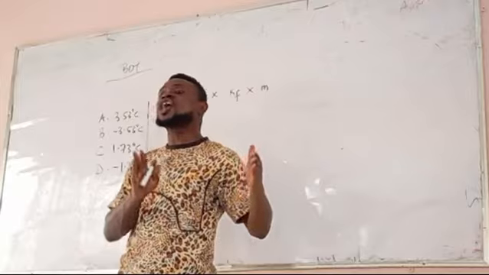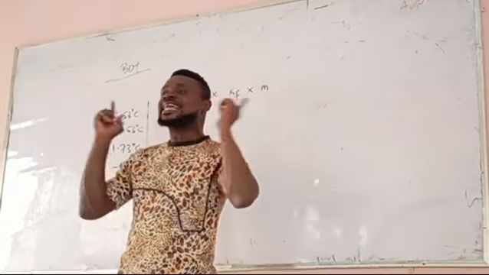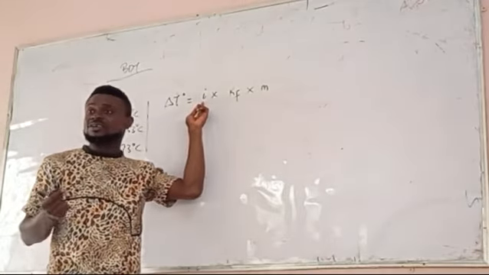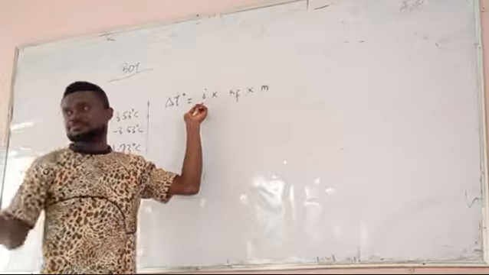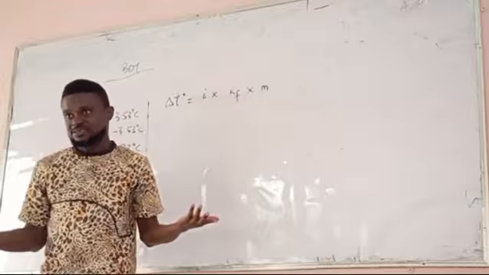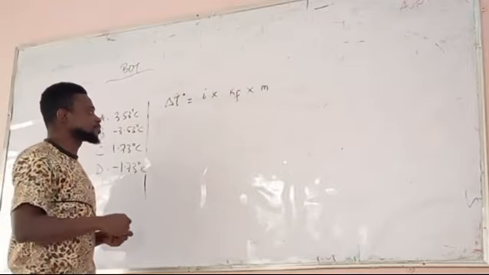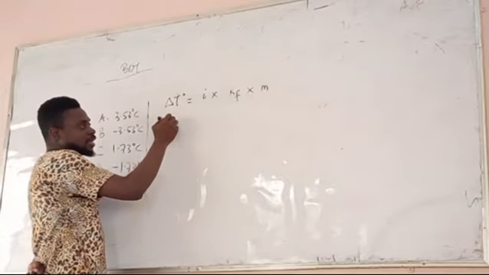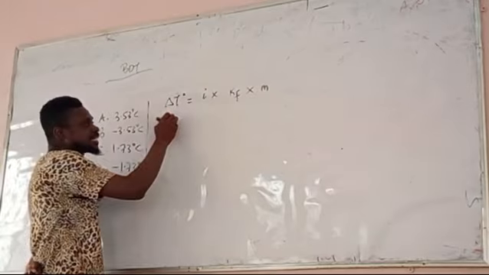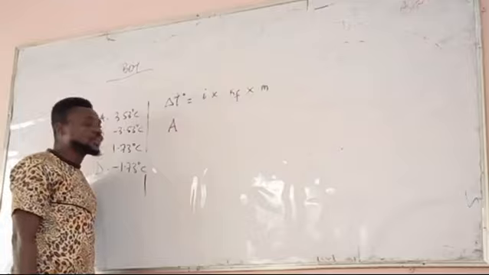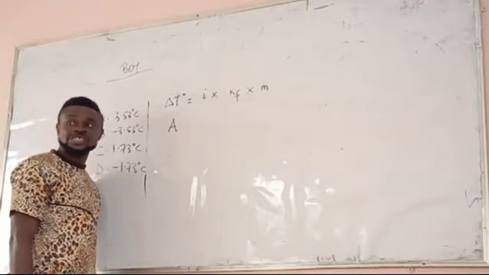So for those non-electrolytes, this i factor is almost 1, because they don't dissociate. Is that clear? Let's assume this substance A is a non-electrolyte.